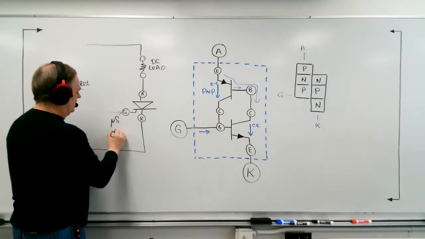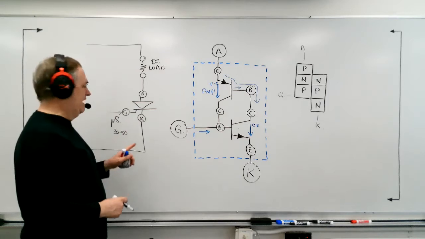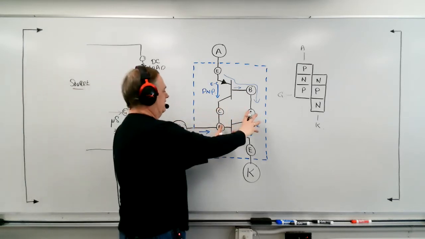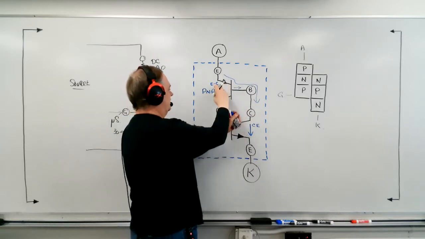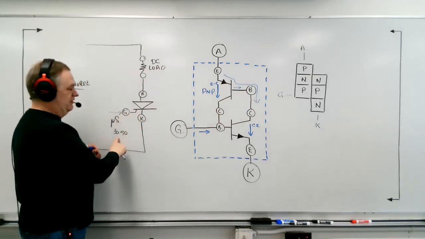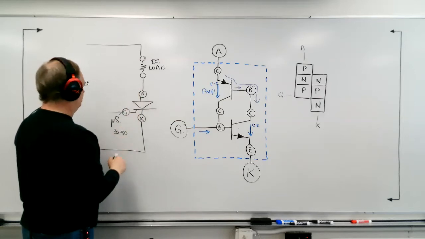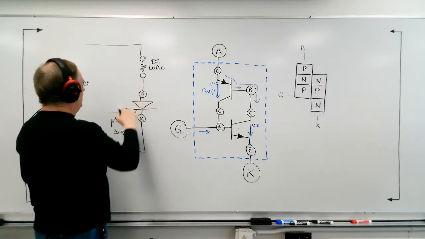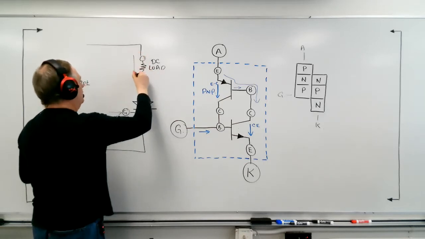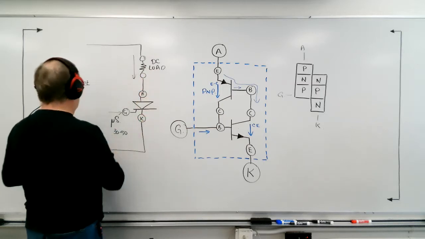The range is usually about 30 to 50 microseconds that the pulse needs to be applied for this whole thing to close and latch on. As long as you have the right amount of current for between 30 and 50 microseconds, you're good, and away it goes. Once we put a trigger pulse in, we're going to have current flow through this DC load, through the SCR, and back to the source.